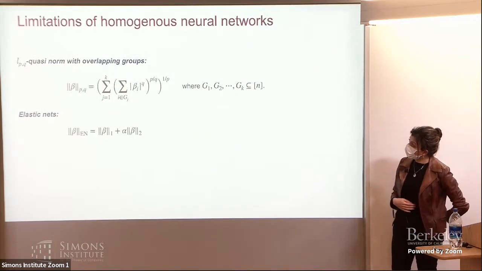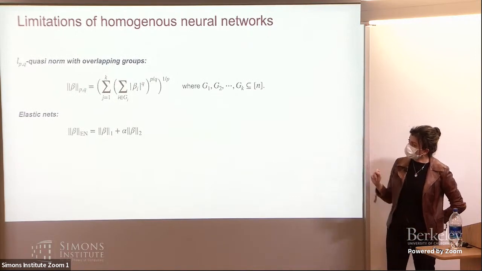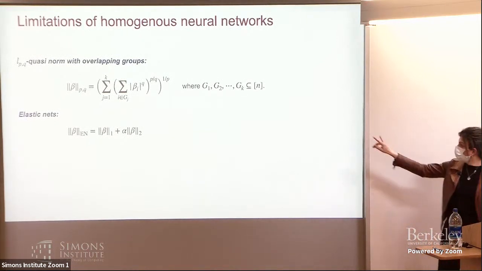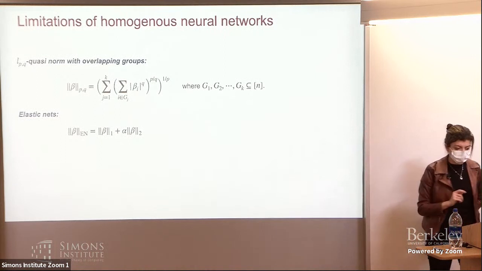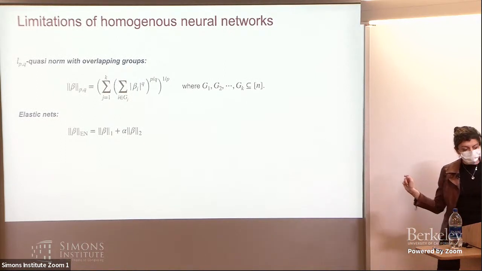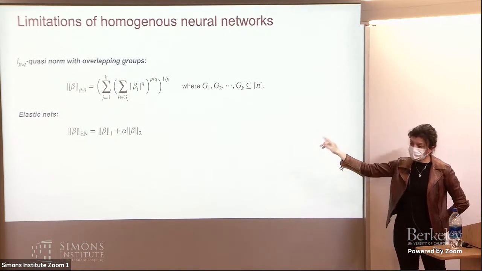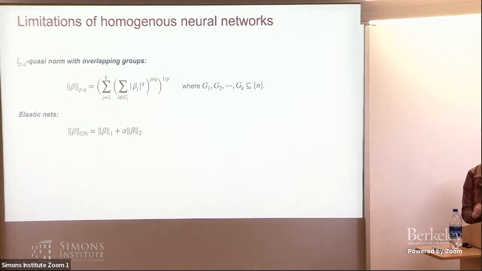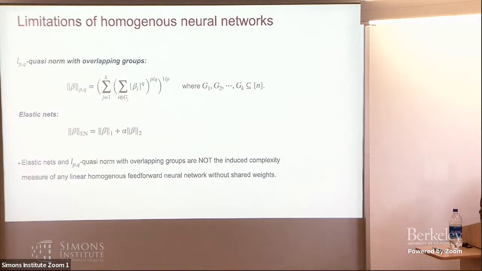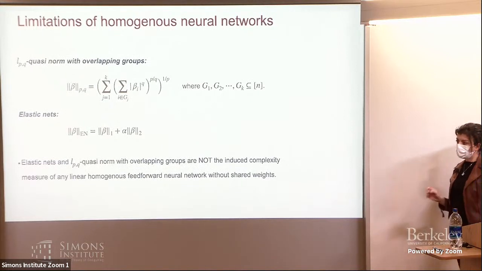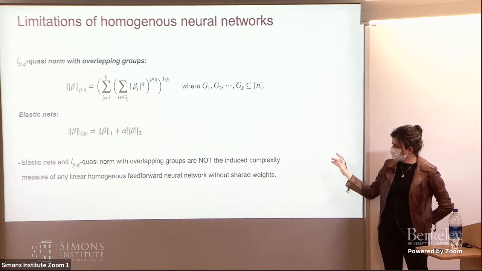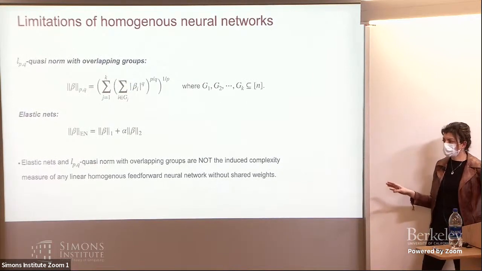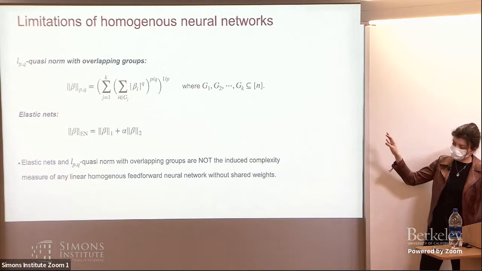For example, we showed that if we look at the LP quasi-norm with overlapping between the groups, so the groups do not partition 1 to n but they have overlap, or if you look at elastic nets, which is a linear combination of L1 and L2 norms, as the regularizations in the function space, no homogeneous neural network can achieve these as the induced complexity measure. But we showed some non-homogeneous parameterizations that actually can achieve these things.